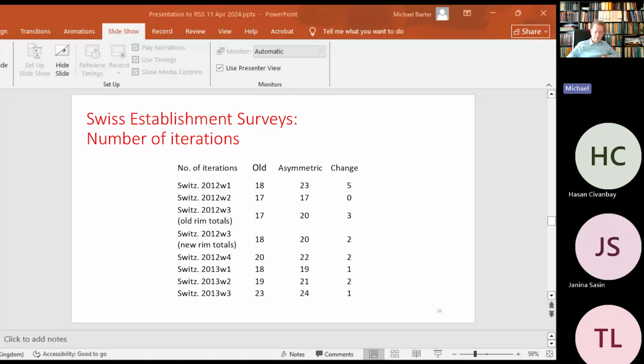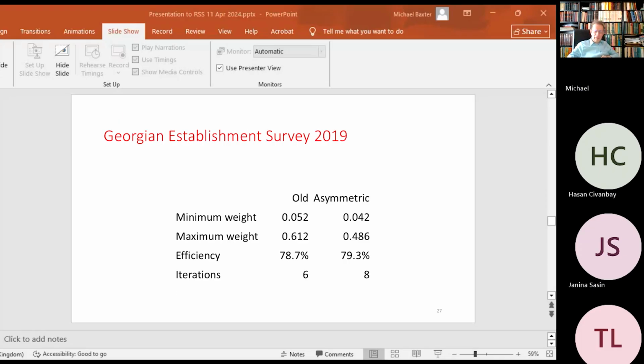And then that was all I had when I first started giving this talk. But then I also dealt with a survey in Georgia. That's the former part of the Soviet Union, not the state in America. So completely different country, completely different weighting strategy needed.